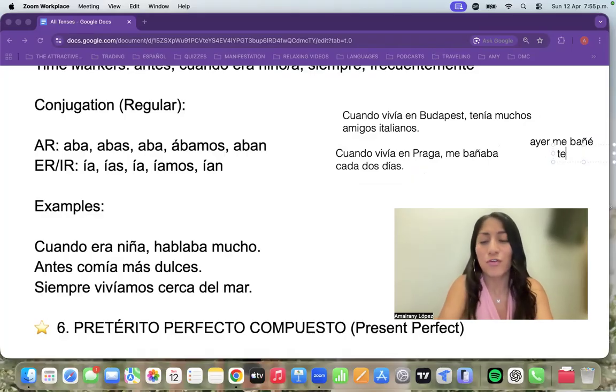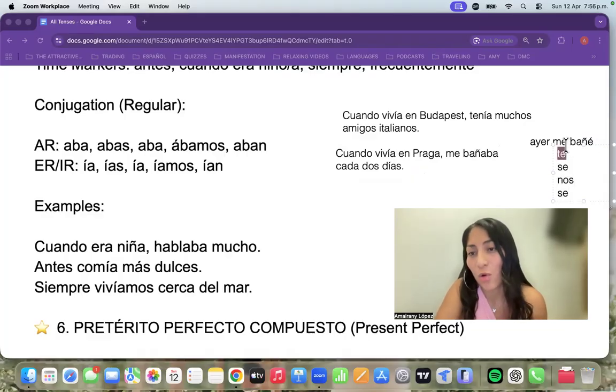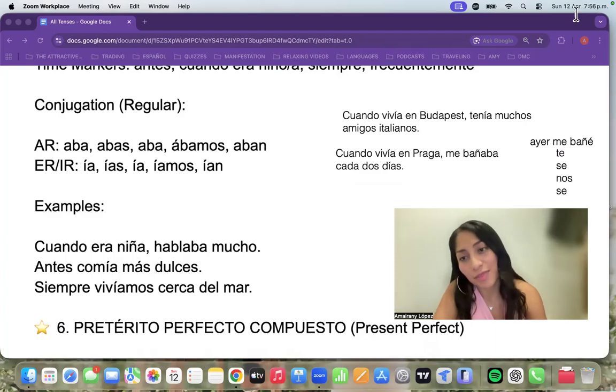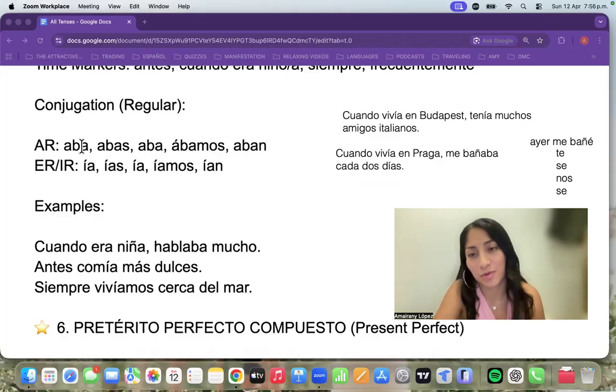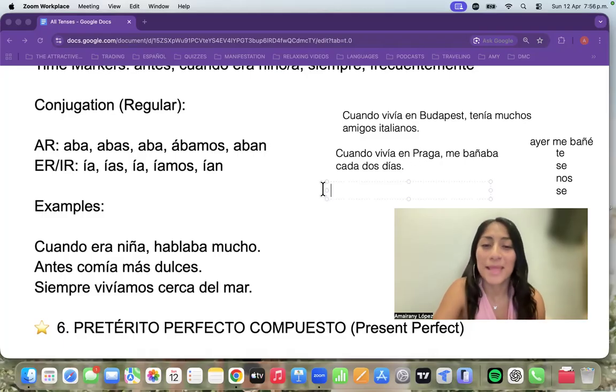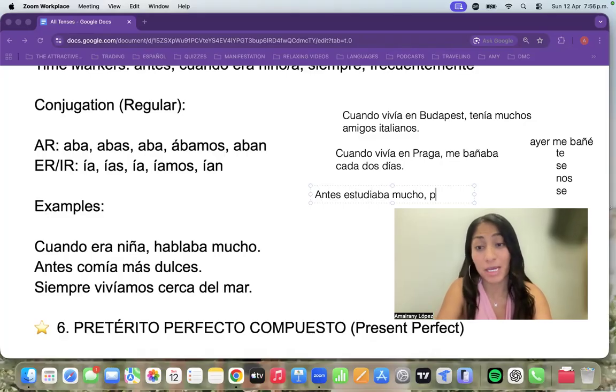That would be me for I, te for you, se for he, she, it, nos for we, and se for they or you guys for the plural. Okay? So as long as you're doing that, you are going to be able to use any sort of tense with the reflexive verbs. Okay? So when I was living in Prague, I used to shower every 2 days. Okay, and now let's say antes estudiaba mucho, pero ahora no tengo tiempo.